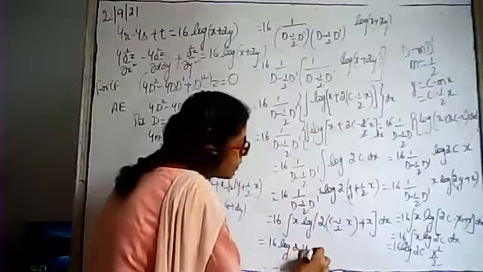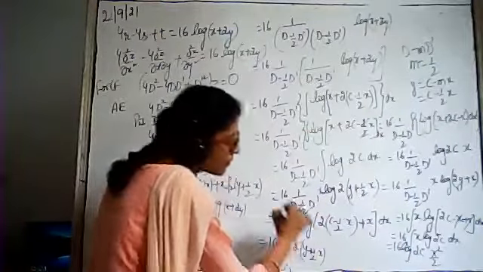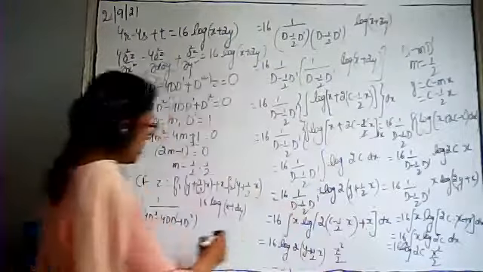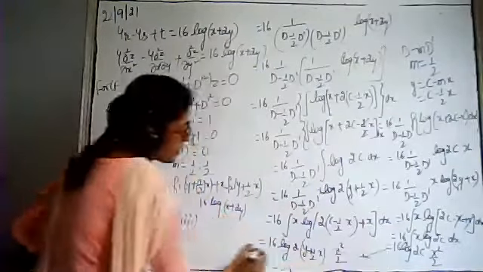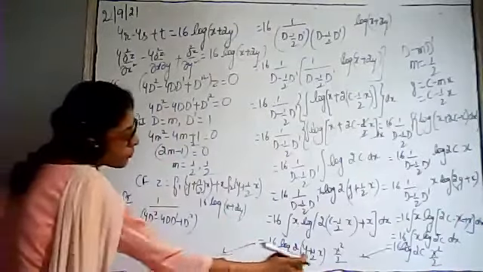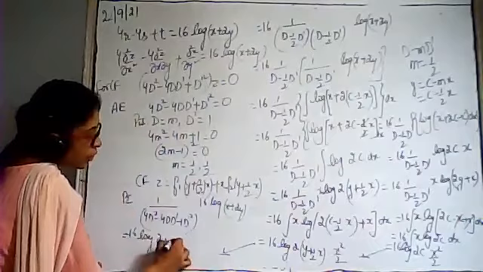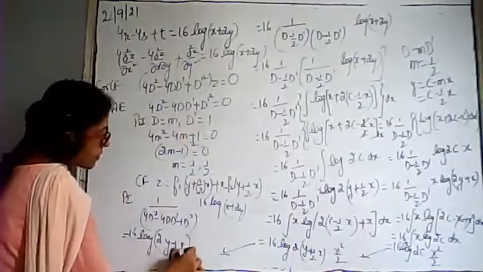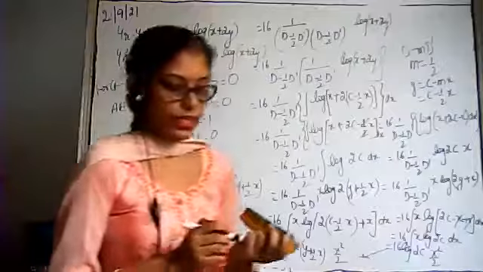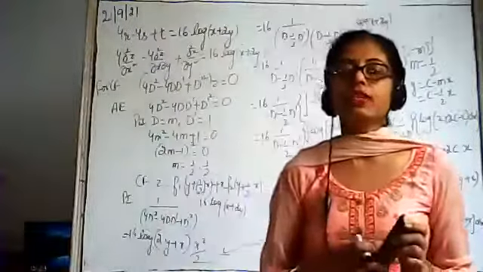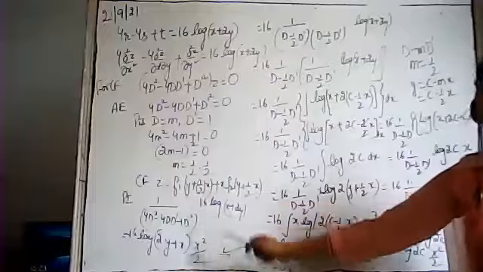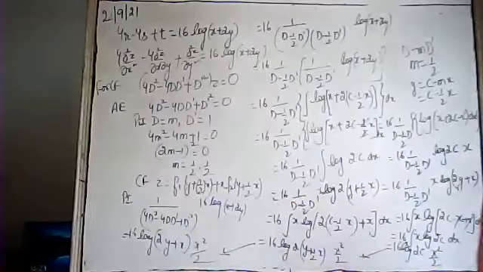It will be y plus 1 by 2 into x into x square by 2. इसके बाद ये वाला स्टेप है. इसके बाद this is 16 log of, open the brackets, you will get 2y plus x into x square by 2. So this is our particular integral, and at the end complete solution is complementary function plus particular integral. Add these two solutions. ठीक है.